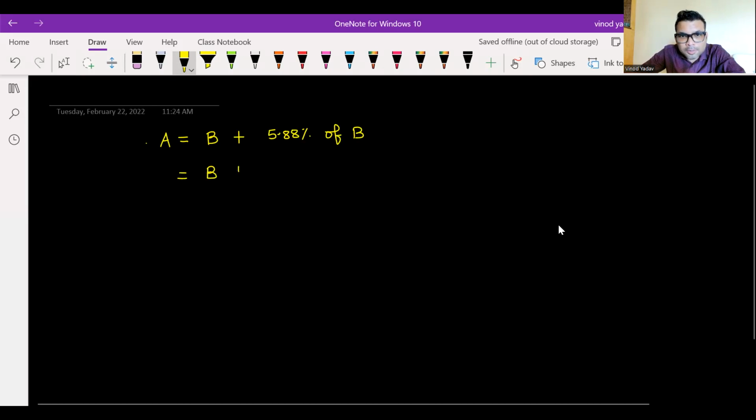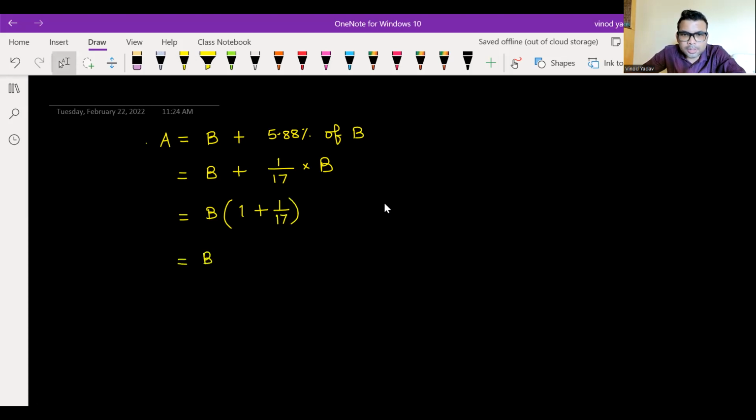So B plus 5.88%, which reduced as a fraction is 1 by 17 of B. So B common, 1 plus 1 by 17. So ultimately B into 18 by 17.